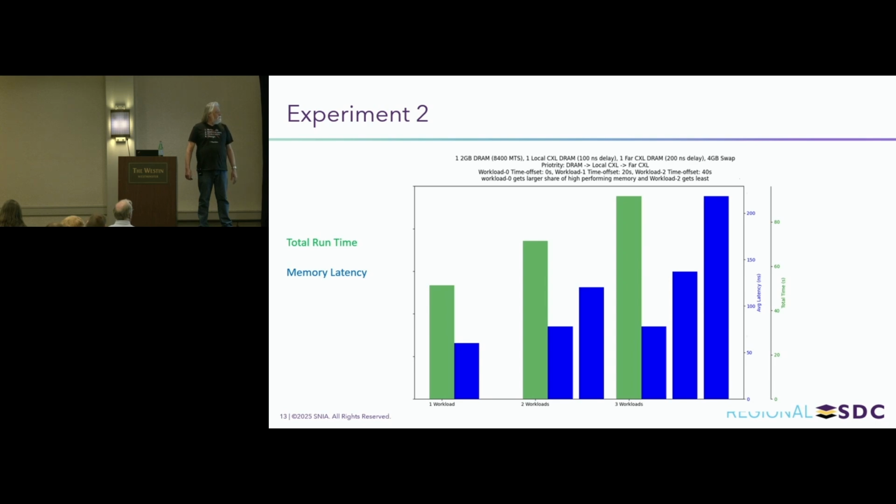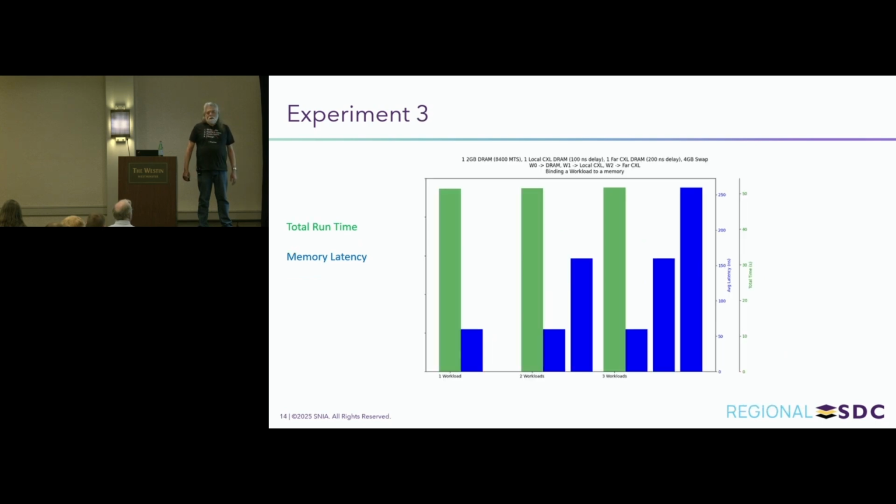So that's exactly what we did, and we ran the various different applications, each with their own NUMA node, and we can see that in each one of these cases, whether we run 1, 2, or 3 applications, the entire runtime is exactly the same, and the memory latency of the applications doesn't change either.